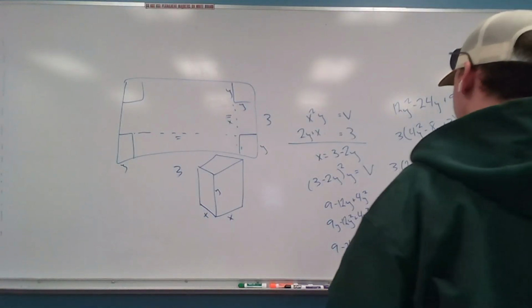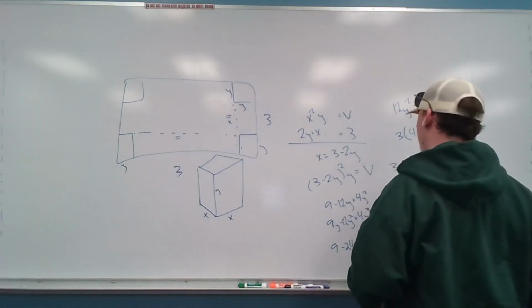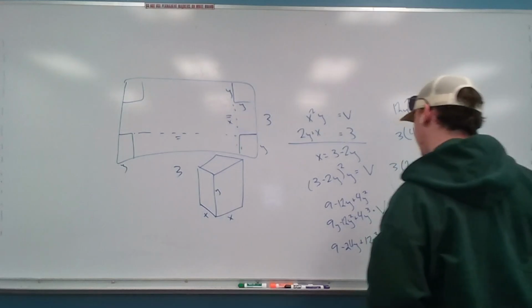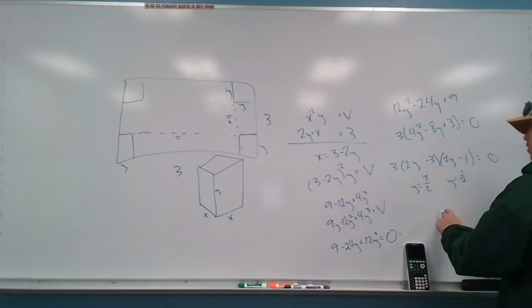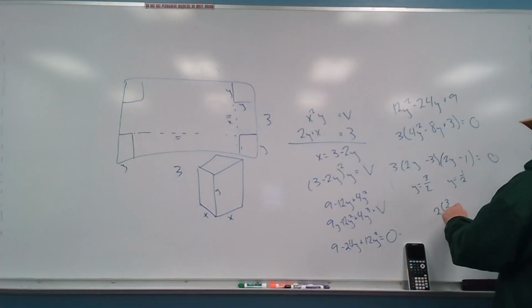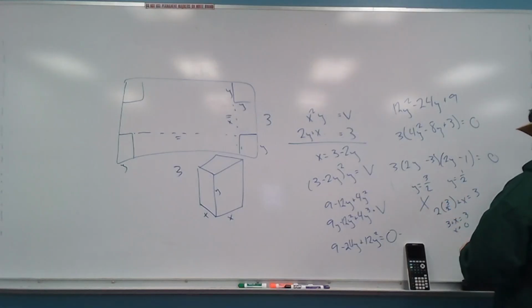Let's go back to the original: 2y plus x equals 3. With y as 3 over 2, we get 3 plus x equals 3, which means x would be 0, which means that this is not going to be a solution.